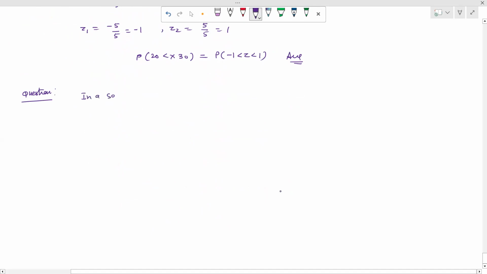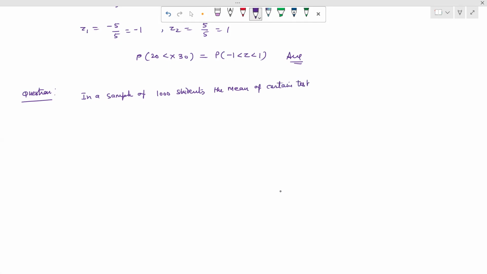In a sample of 1000 students, the mean of certain test is 14 and standard deviation is 2.5.